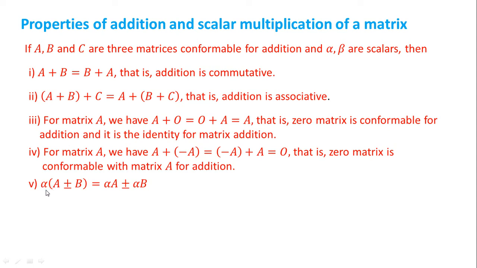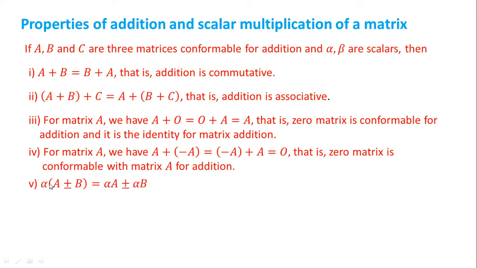Alpha is multiplied with A plus B or A minus B. So if you find A plus B first or A minus B first, and then multiply by the scalar alpha, it is the same as alpha into A plus or minus alpha into B. It means you can multiply alpha to A and alpha to B separately, and then add or subtract.